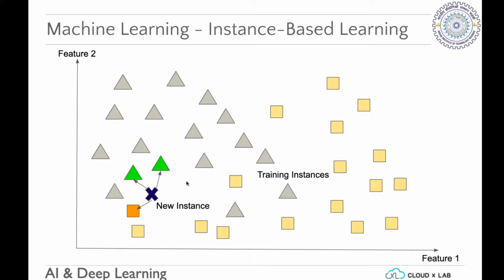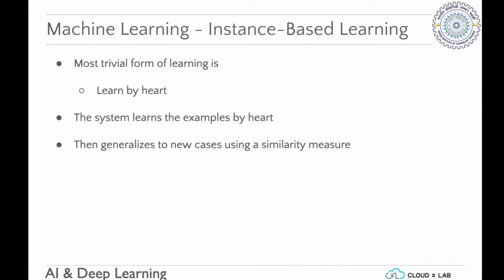So it is a triangle. Instance-based learning takes a new instance and compares it against known instances to see what matches it closest. This is one of the clearest forms, where your system learns by heart, and when it gets a new piece of information, it tries to measure similarity.